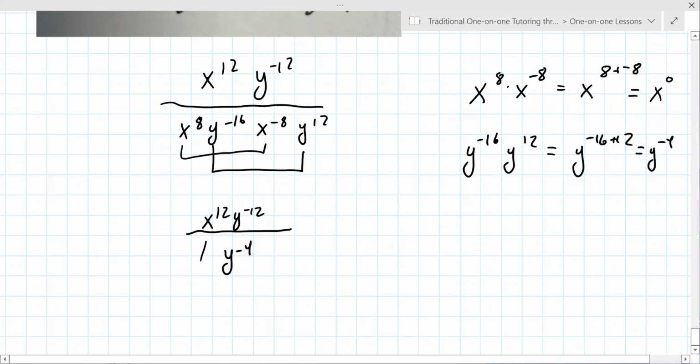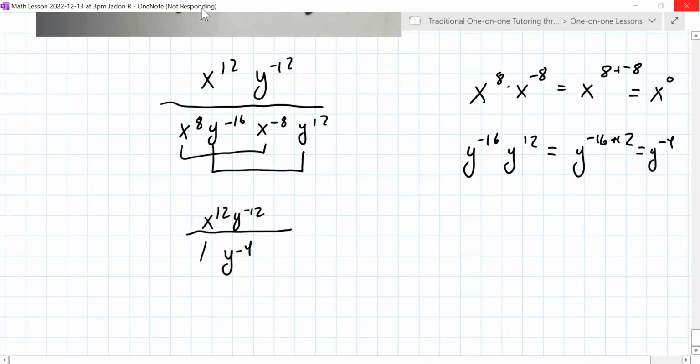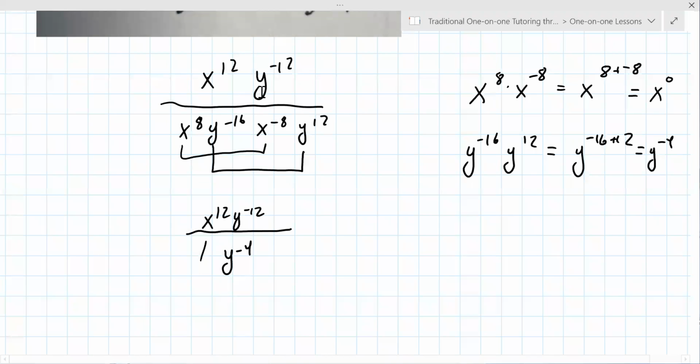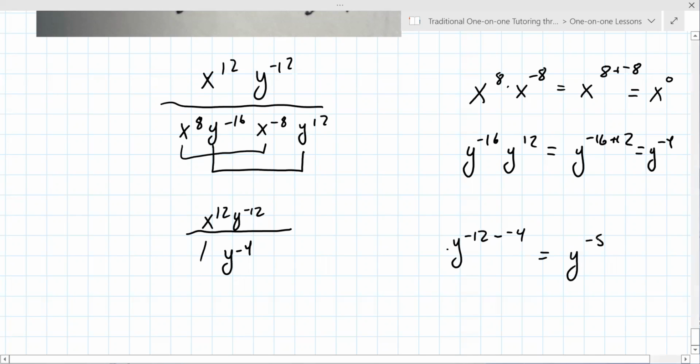So now you've got to combine the y to the minus 12th over y to the minus 4th. So you're gonna subtract those exponents. You're gonna subtract negative 4. So minus 12 minus a minus 4 is y to the minus 8.